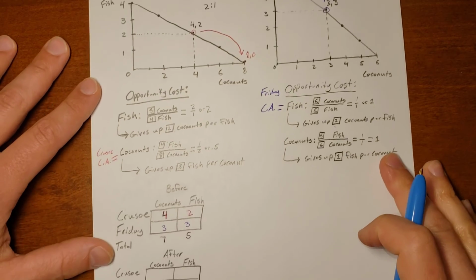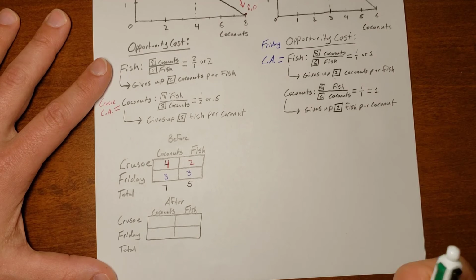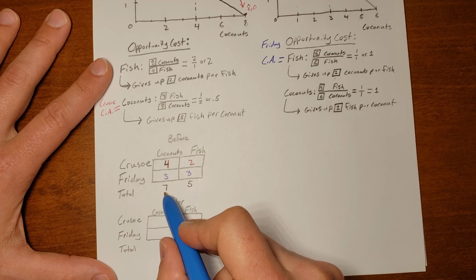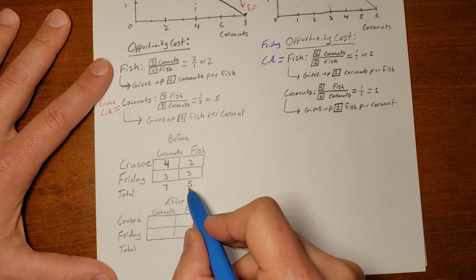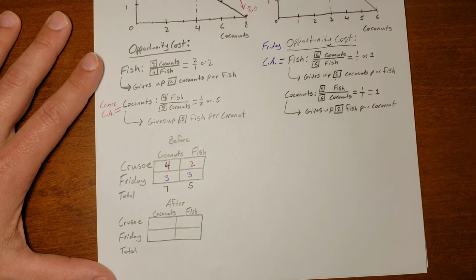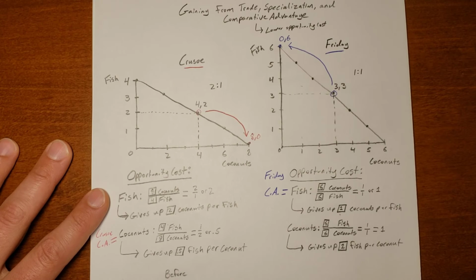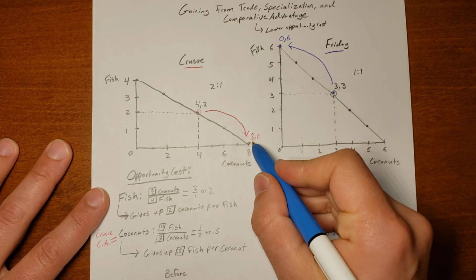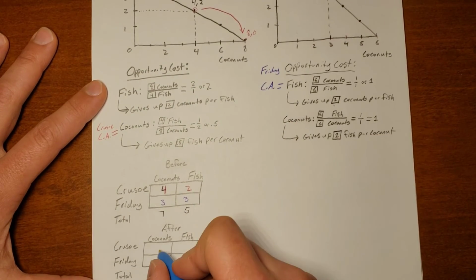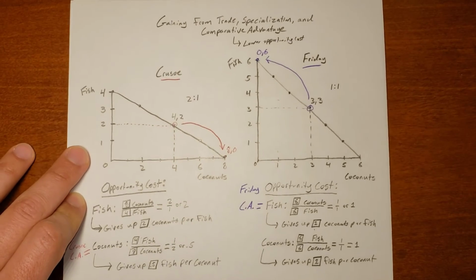Now let's bring that data down and look at what is happening after comparative advantage. Before comparative advantage, we had a total output of 7 coconuts and 5 fish. Looking at our data from above, we can see that Caruso is now producing 8 coconuts and 0 fish. So let's pull these numbers down: 8 coconuts, 0 fish. And what is Friday producing?